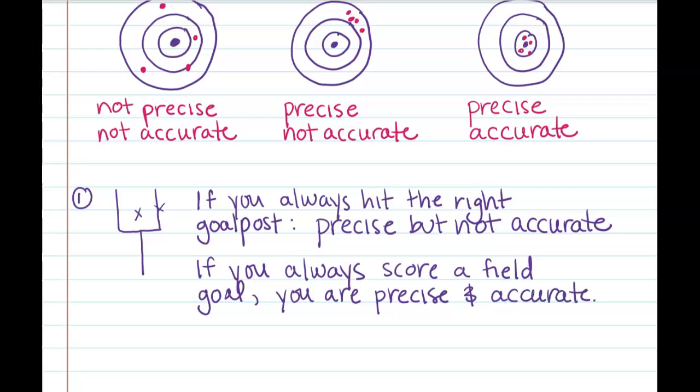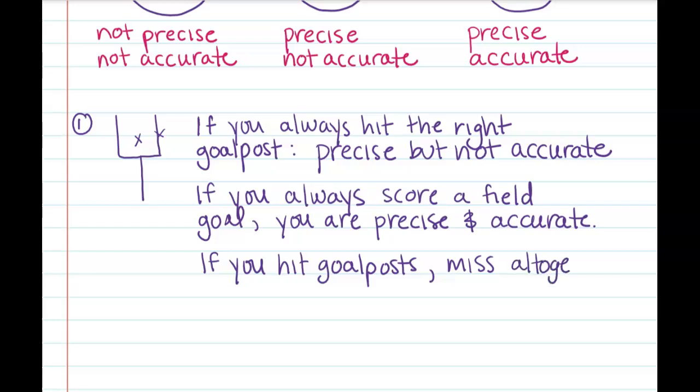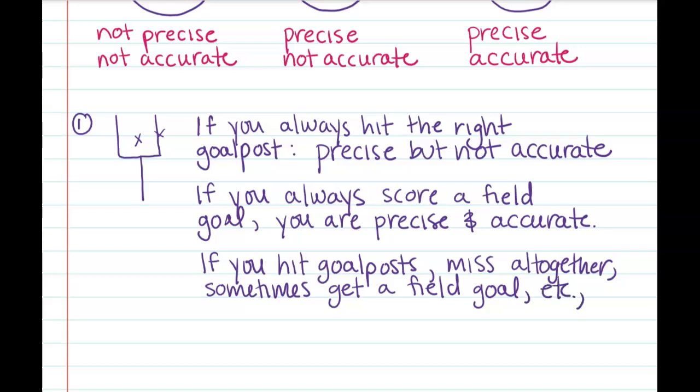If you basically hit goalposts, miss altogether, sometimes get a field goal, etc. So let's say you're really random.